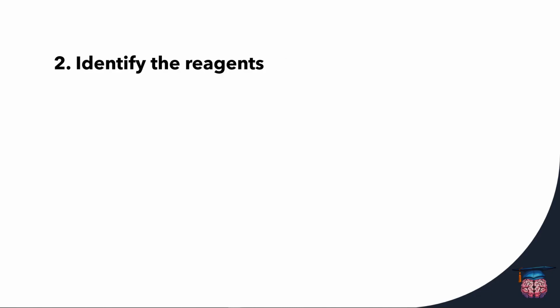Next, we need to identify the reagents, and this isn't always as straightforward. I have seen students struggle with this in the lab setting sometimes. So we have 3 cases. We have reaction equations where no solvents or catalysts are added, like the following equation. For example, potassium chloride is added to sodium nitrate to give us potassium nitrate and sodium chloride.